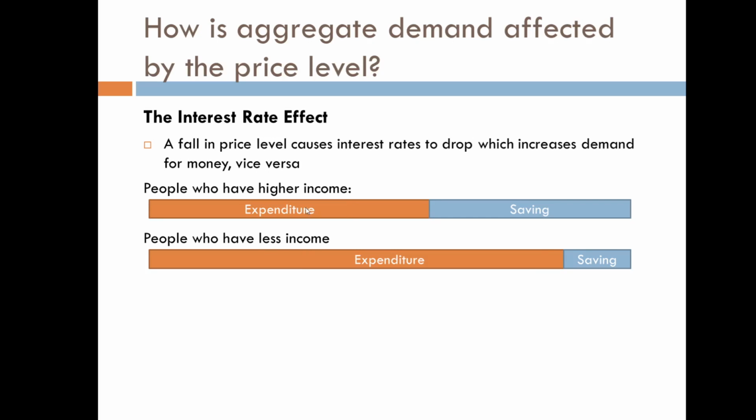When you have higher income, after you have bought all the goods and services, you still have more money for saving. But if you have less income, you spend a higher proportion on your expenditure, and you have less room for saving. And then we can come up with this.